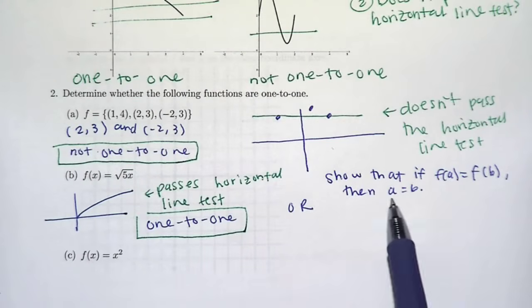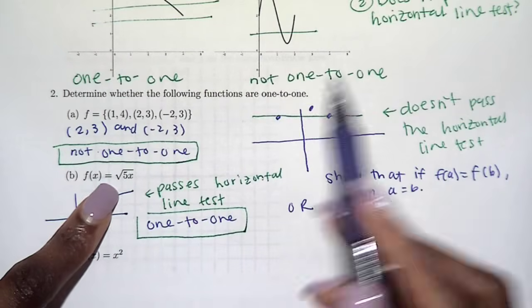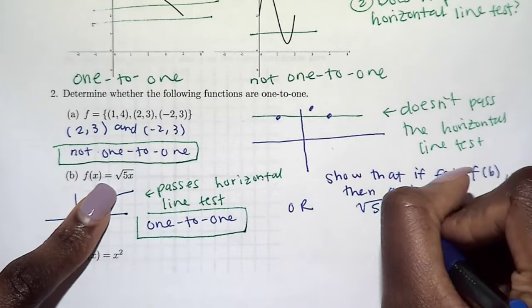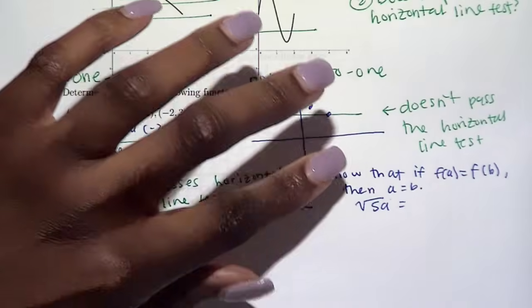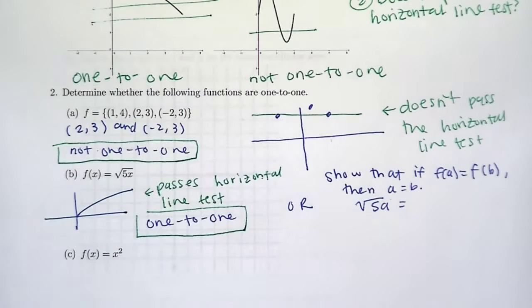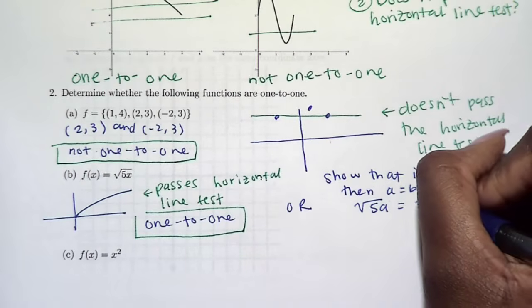We've got to have the same x value if they're going to go with the y value. So we find f of a, the square root of 5a, and set it equal to f of b, which is the square root of 5b.